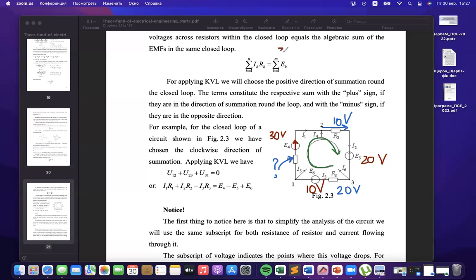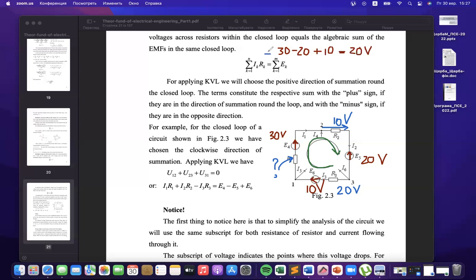We are taking it with plus in the sources. Then the second voltage is oppositely directed. As you see, the arrow is opposite, so you are taking it with minus. And the last one is directed the same as the green arrow, so you are taking it with plus. As you see, the total voltage, 30 minus 20 will be 10, plus 10 will be 20. The total voltage will be 20 volts.